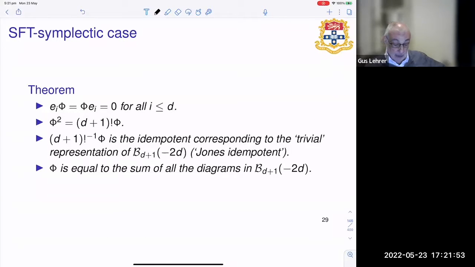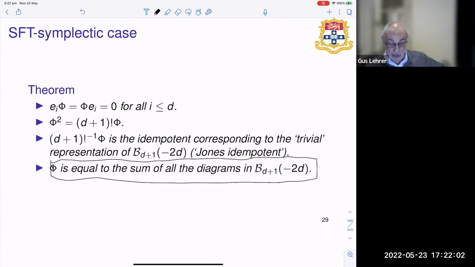And the most remarkable thing of all is this fact here. I think it's fair to say that nobody had any idea that this was the case, that in this very special Brauer algebra, B D plus 1 of minus 2D, the idempotent corresponding to the trivial representation is equal to the sum of all the diagrams.